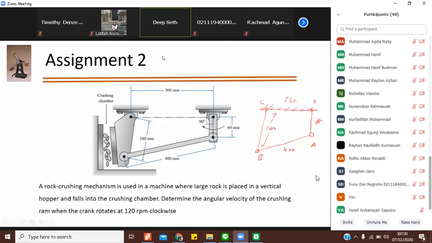And so if you are trying to solve this in terms of the vector, how can you solve it? Let's say I'm asking you to determine the angular velocity of the crushing ram. So I'm asking you the angular velocity of the crushing ram.